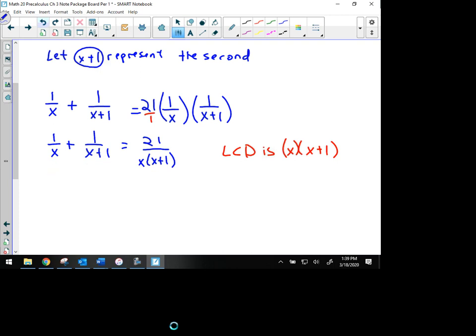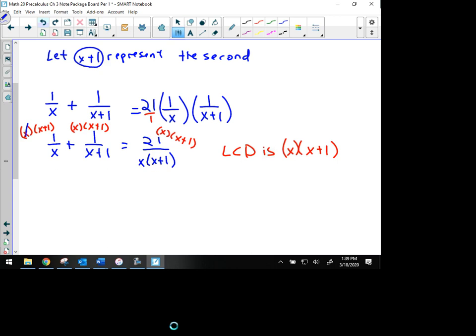So let's multiply each term by that lowest common denominator just the same way as we have before. And we have that multiplied to the numerator in every term. And the whole reason why we do this is so that we can cancel out factors here.